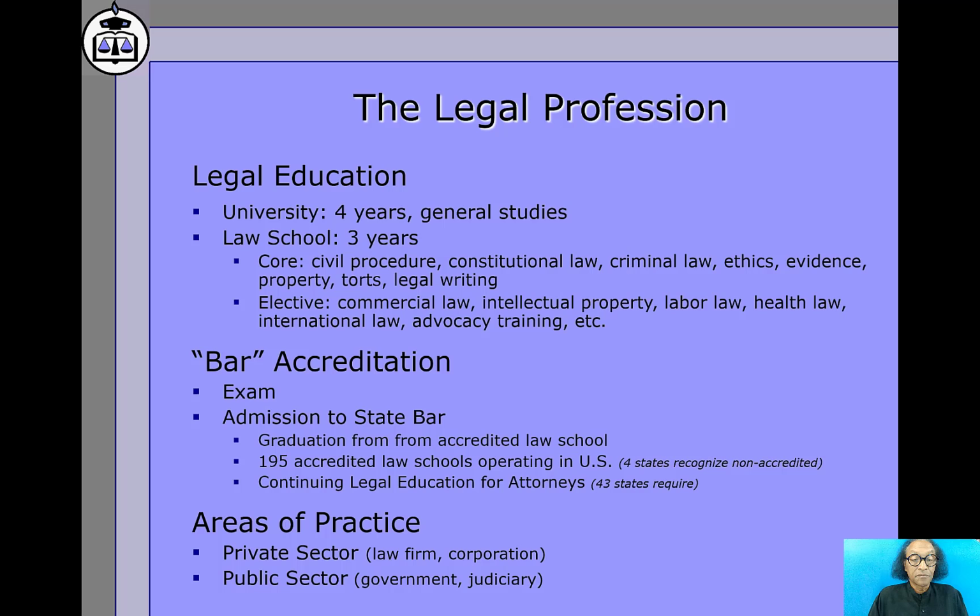And to take the bar, there are different rules, but oftentimes you have to graduate from an accredited law school. But there are also ways that you can take the bar exam without going to an accredited law school, as in California, but they're more the exception to the rule. And in the United States, there are almost 200 accredited law schools.